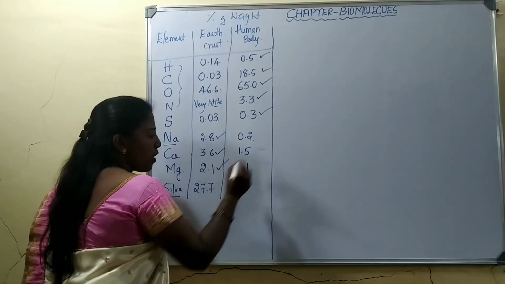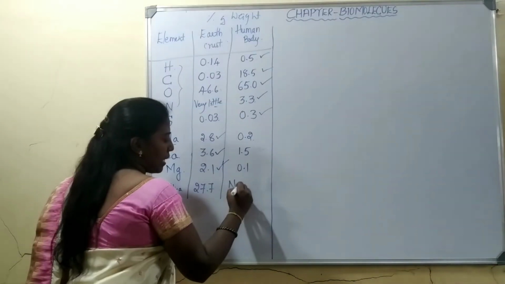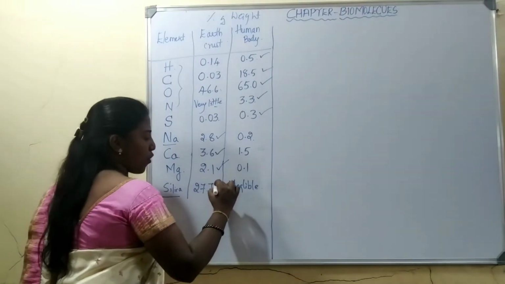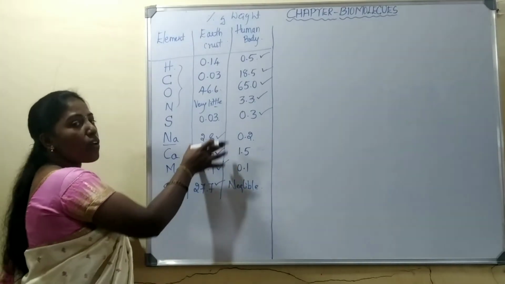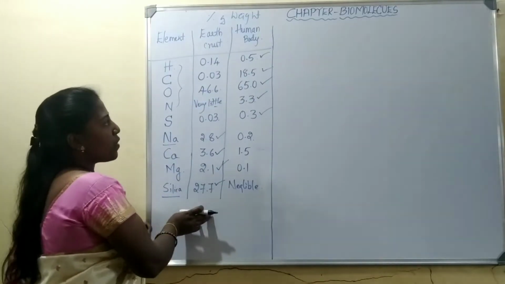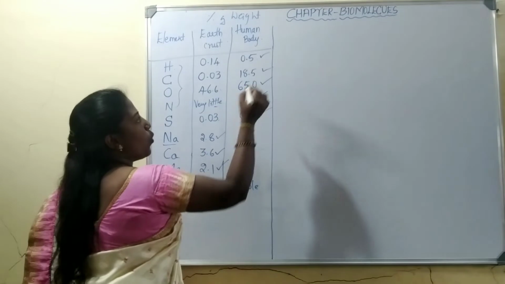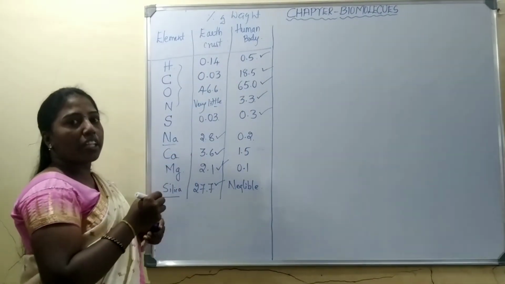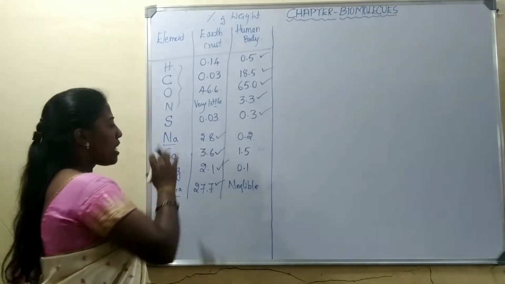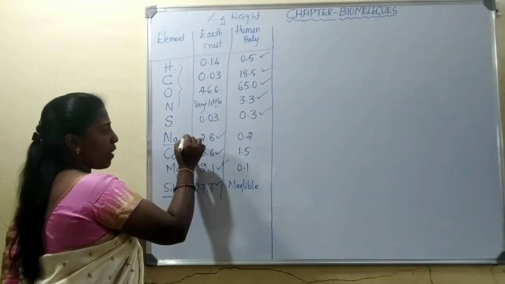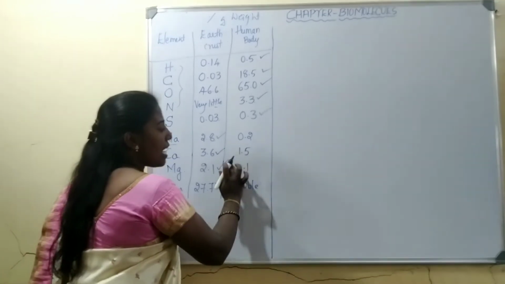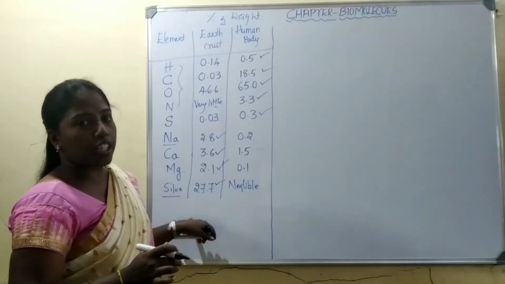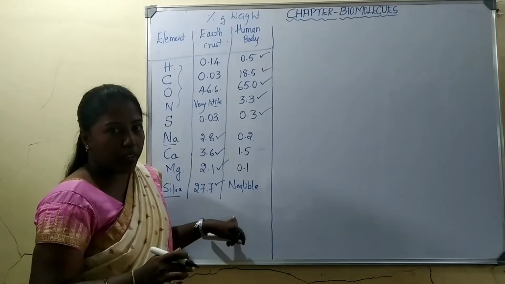In case of living, it is negligible. So silica is also found in higher concentration in case of non-living. So what we can mention here is, some of the elements are required by the living organisms in a large amount. Some of the elements are required by the living organisms in traces. So this is regarding the elements found in living and non-living.